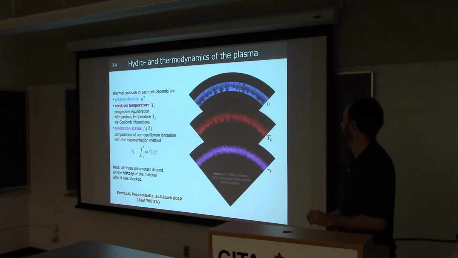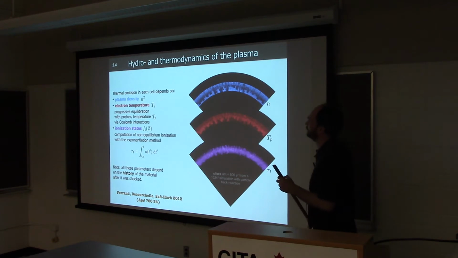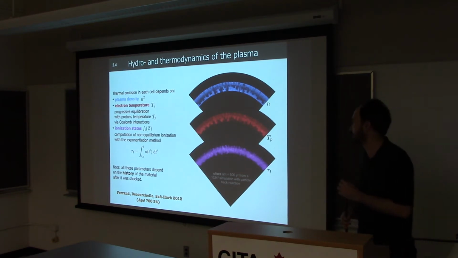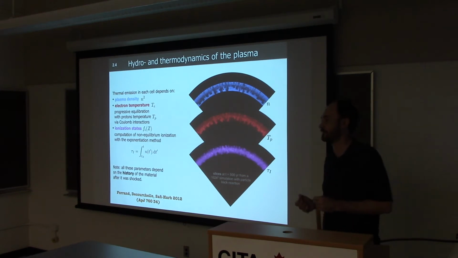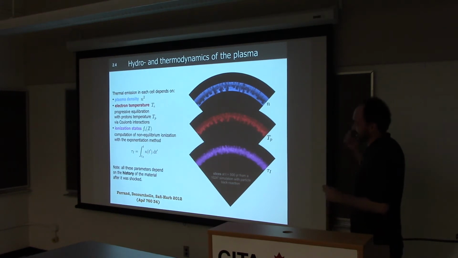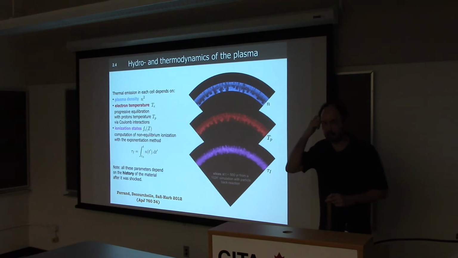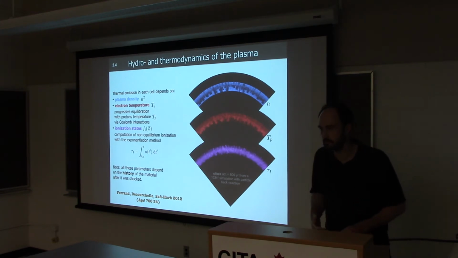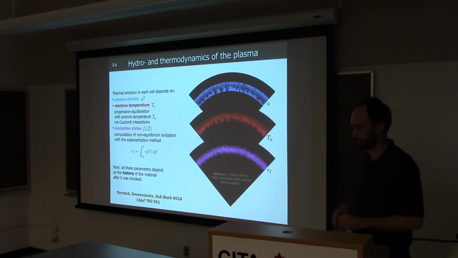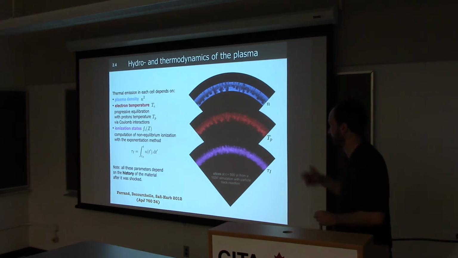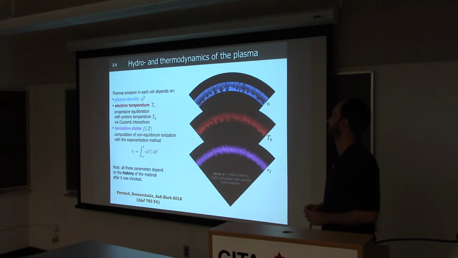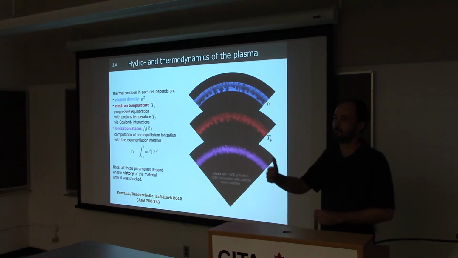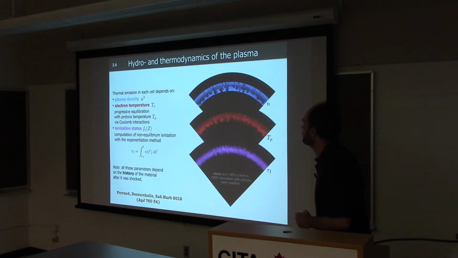Briefly, to compute the thermal emission, you need the plasma density. You need the electron temperature. Actually, from the hydro, you get the proton or ion temperature. And it's not clear how electrons are heated at the blast wave. They're probably not heated immediately like protons, so you need some recipe for the heating of electrons at the blast wave and the way they equilibrate with the protons downstream.